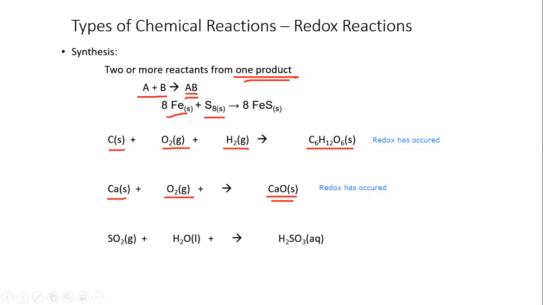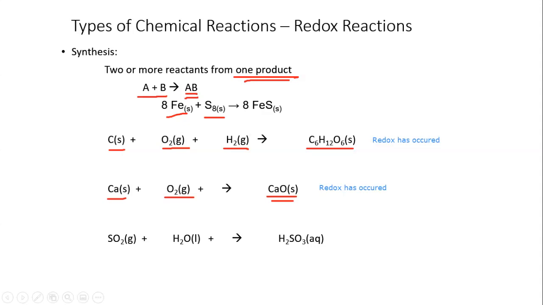One more example. So here we take SO2 plus water, we produce sulfurous acid. And in this case, we have compounds synthesized into one product. And here, redox has not occurred.